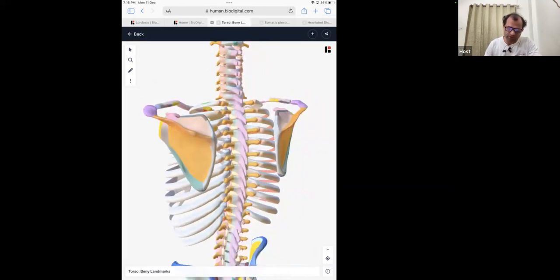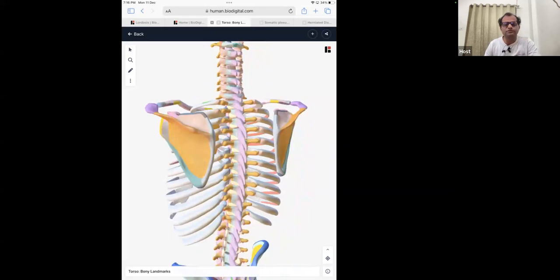There are multiple vertebrae, and we have disc and we have dura. Dura is the covering of the spine. Dura is a very important part.